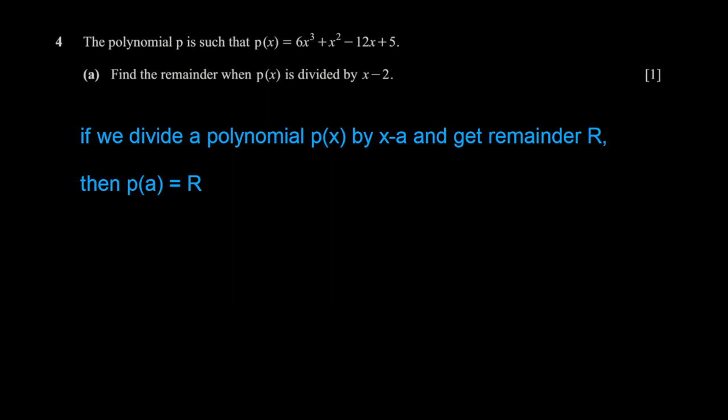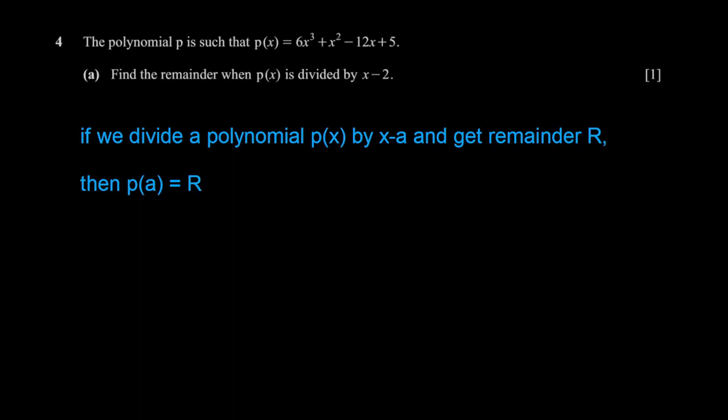It's best illustrated with an example. Let's say I took a polynomial and divided it by x minus 3, and I get a remainder of 7. Then what that means is if I was to substitute 3 into the polynomial, I would get 7, right? Or another example, if I was to divide my polynomial by x minus 10, and get a remainder of 4, then what that means is if I was to substitute 10 into the polynomial, I would get 4.